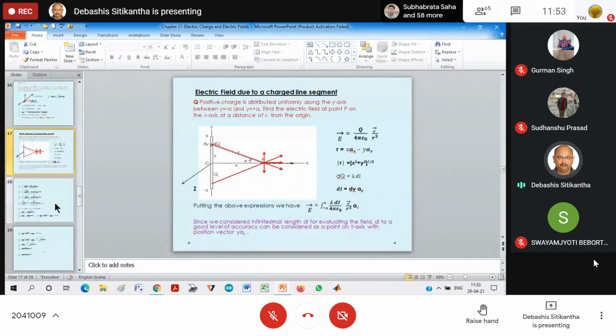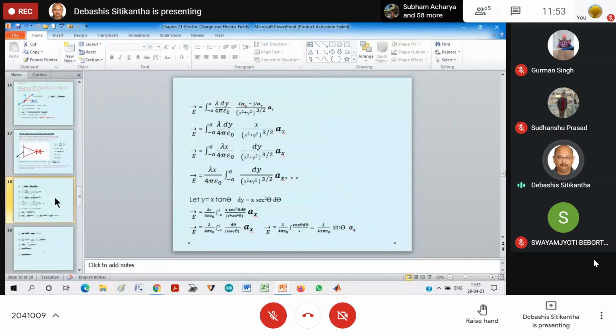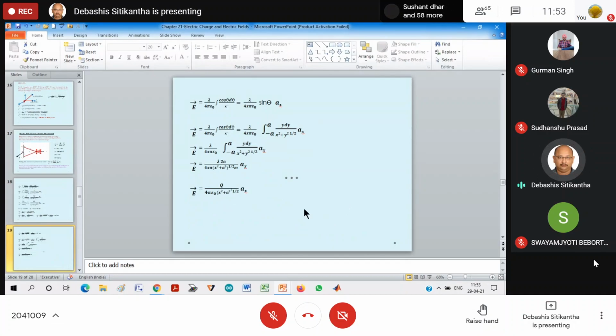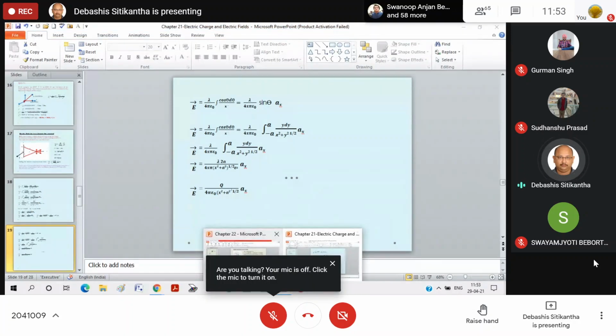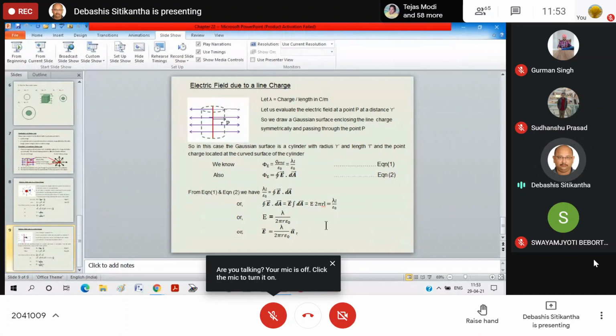First slide, then the second slide, so much calculation. Then you had to do that integration by trigonometric substitution. Then you had to convert it back to the components x, y, and ultimately you got this figure. Now everything is going to boil down very simply. Now look over here.